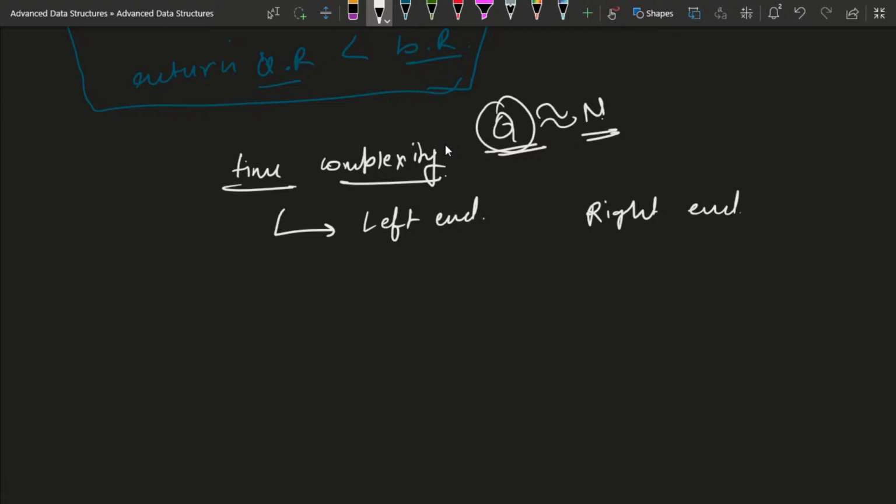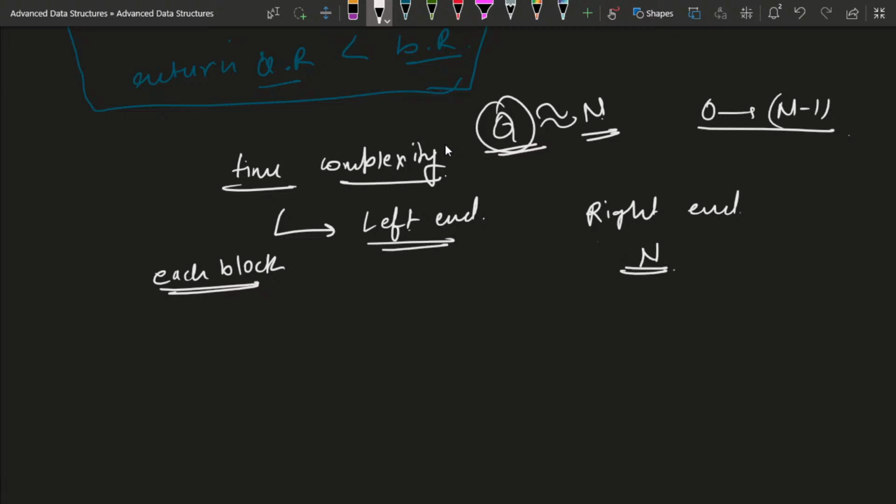So for each block, my right hand can move all the way to n, like from 0 to n minus 1. And for the left hand, as it is confined to only one chunk, the maximum movement it can achieve is square root of n.